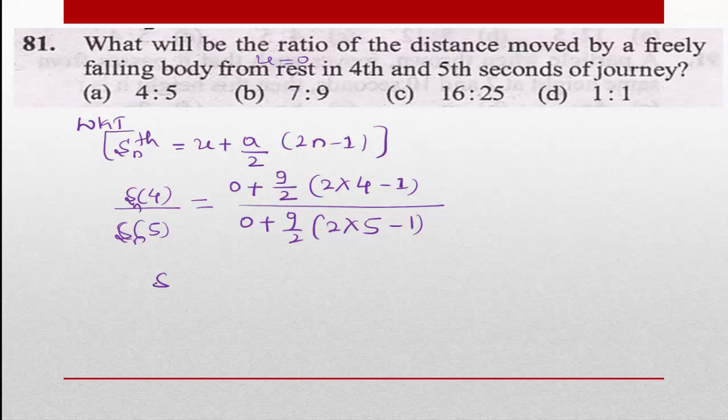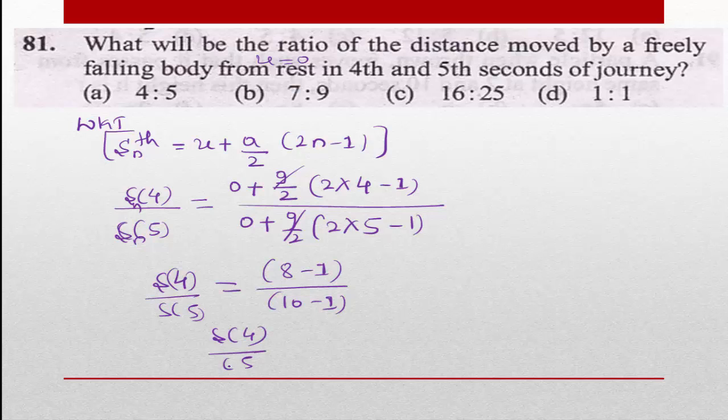The g by 2 cancels. 2 into 4 is 8, 8 minus 1 is 7, and 2 into 5 is 10, 10 minus 1 is 9. The ratio becomes 7 divided by 9. The correct answer is option B, 7:9.